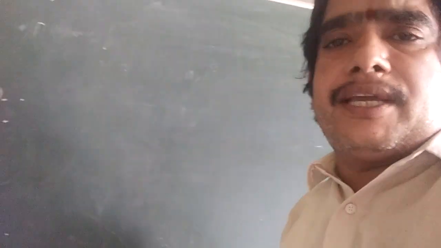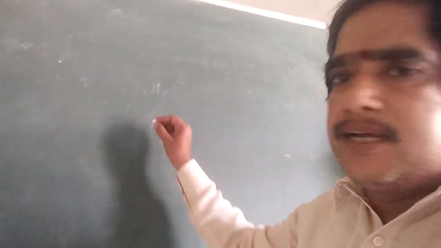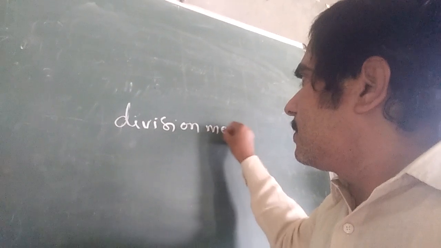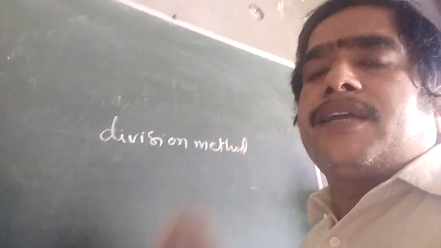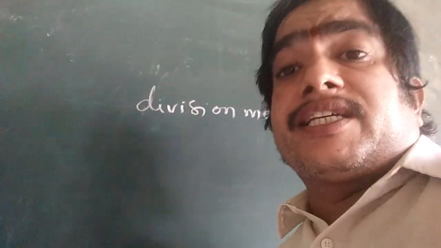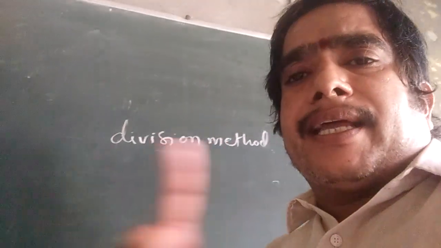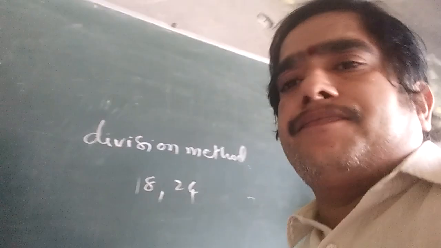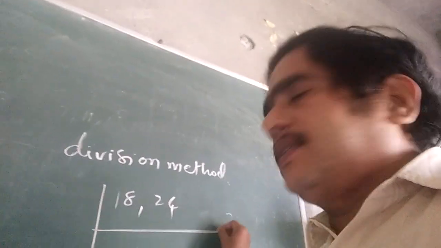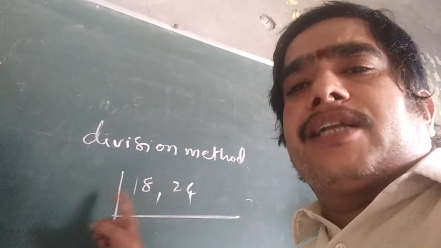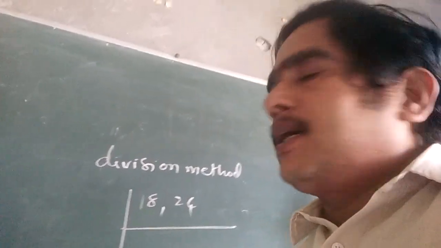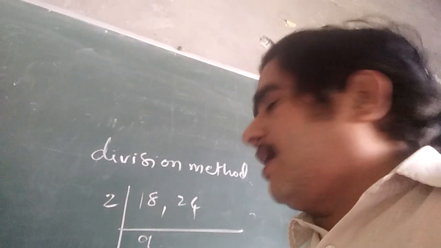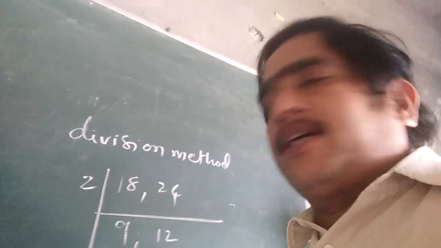After learning the prime factorization method, now the division method. What is the division method? We take all the numbers at a time: 18 and 24, put like this. Here also you have to use prime numbers only. Take the first prime number 2. 2 nines are 18, 2 12s are 24.